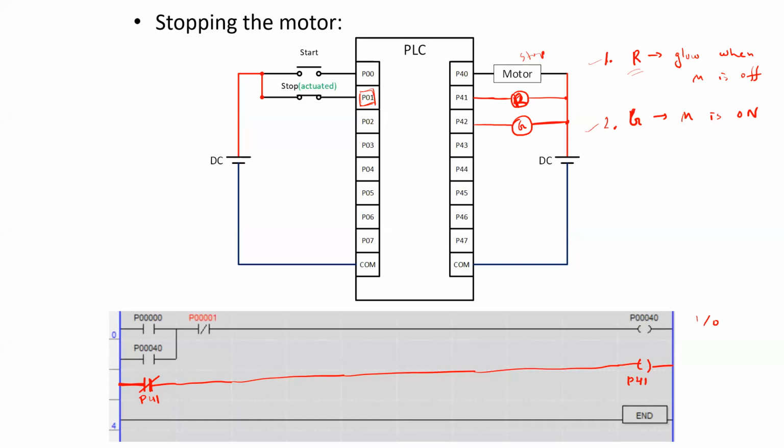The same way you implemented P0040 along with P0000, by giving an alternative path for the current flow. I think, I'm not sure.